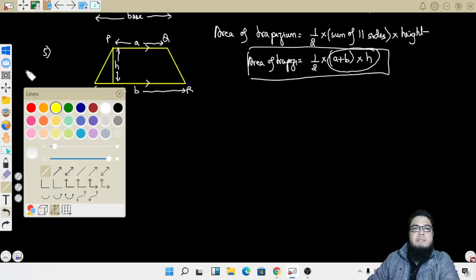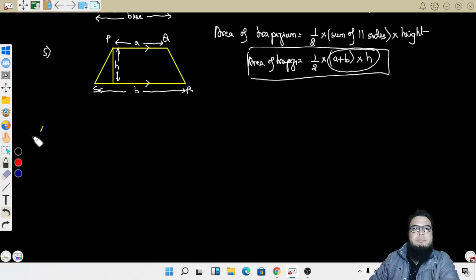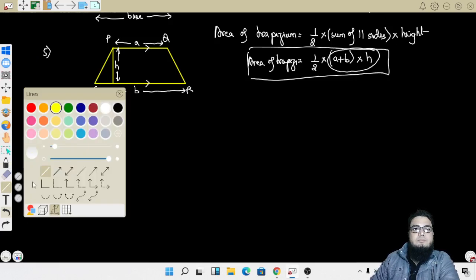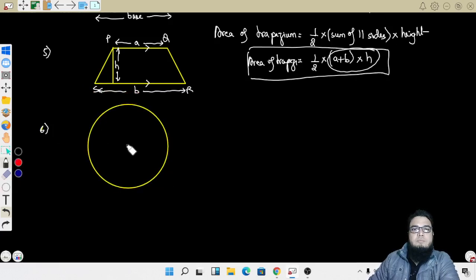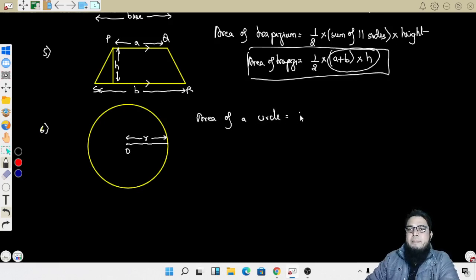Now coming to the next, that is a circle. We know that from the center to the circumference, this is considered to be R, the radius of the circle. Now if we talk about the area of a circle, that is pi R square. The value of pi is constant, an irrational number.